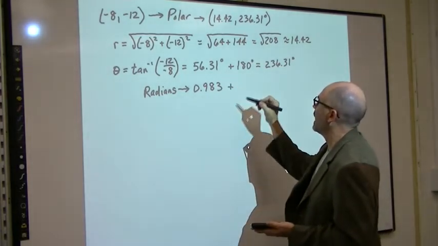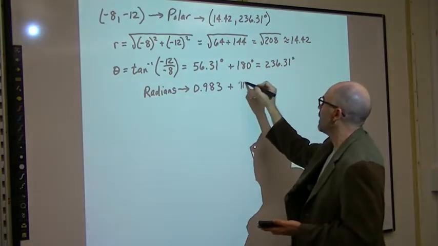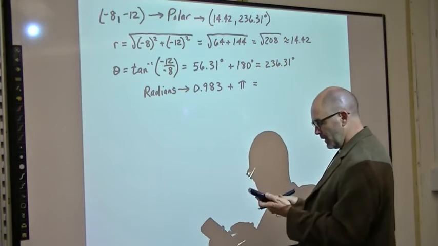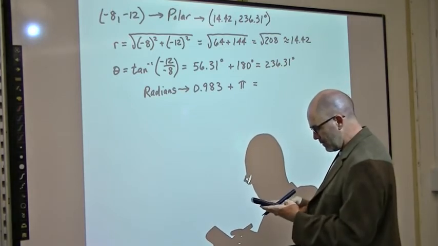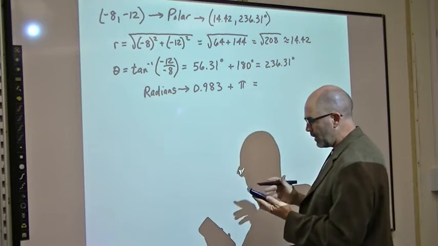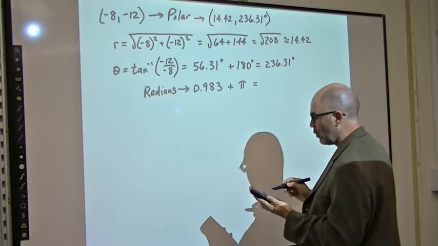Now, once again, I'm in the first quadrant, so I have to add pi to get to the third quadrant. So when I add pi, I end up with about 4.124.